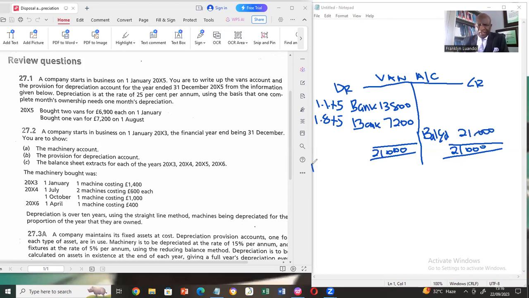In the following year, it will be 1st January, X6. The balance brought down will be 21,000. So that is the van account.